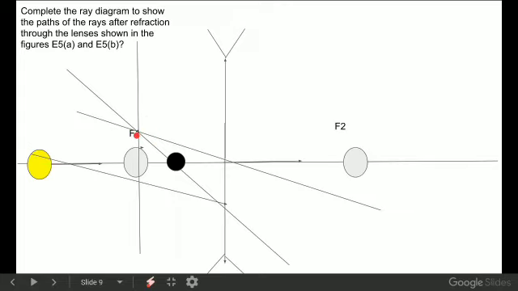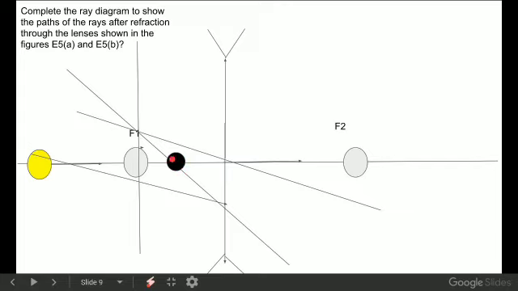So this light ray, after the refraction by the concave lens, will diverge. When the diverged light ray is extended backward, it passes through the intersection of these two lines. Now see that this light ray and this diverged light ray, when they are extended backward, intersect here.